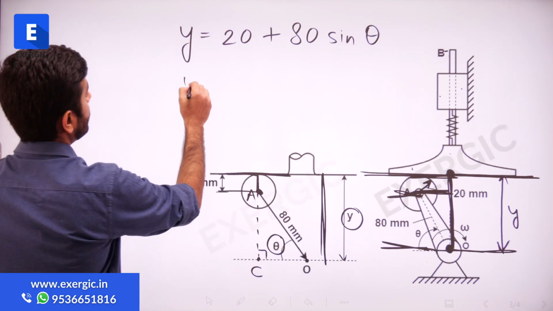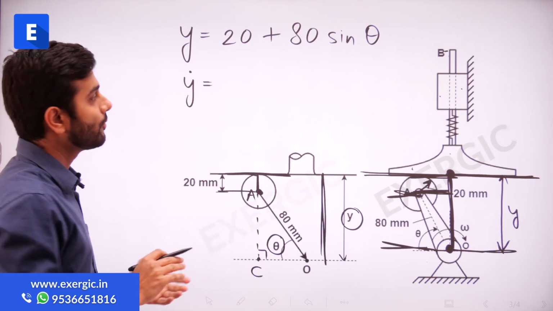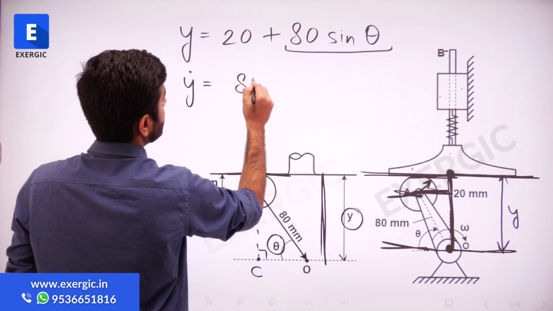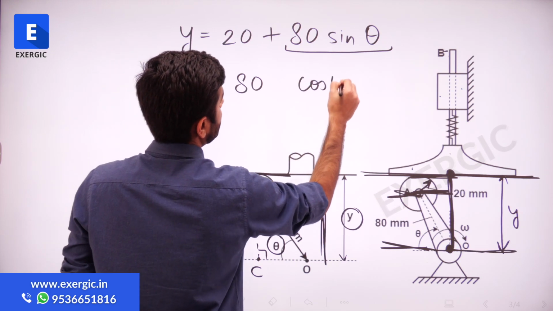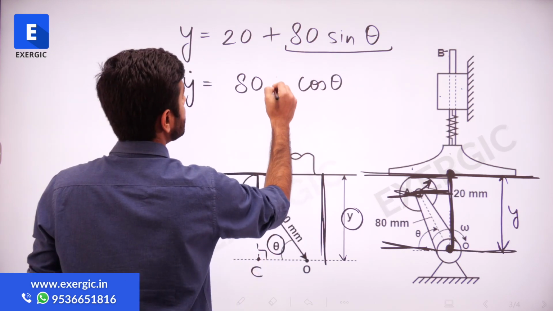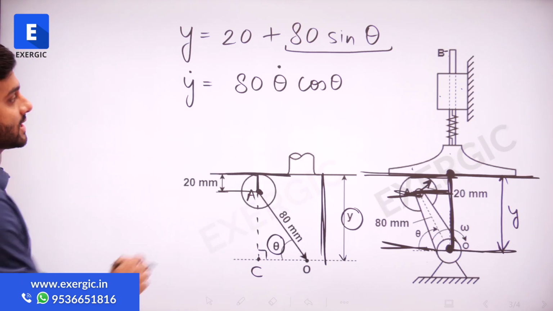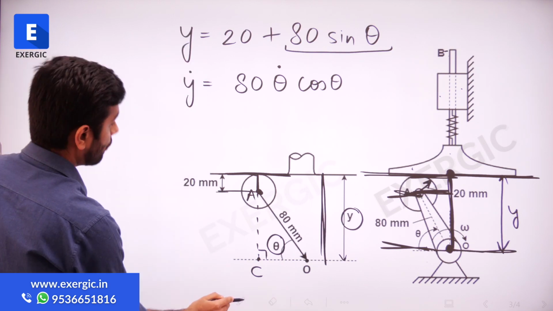Now, if I differentiate it once, 20 is a constant, it will become 0. If I differentiate this, 80 is a constant, it will stay here. Sin theta differentiation will be cos theta, and theta differentiation will be theta dot. So this expression I have got, and now let me differentiate it once more.